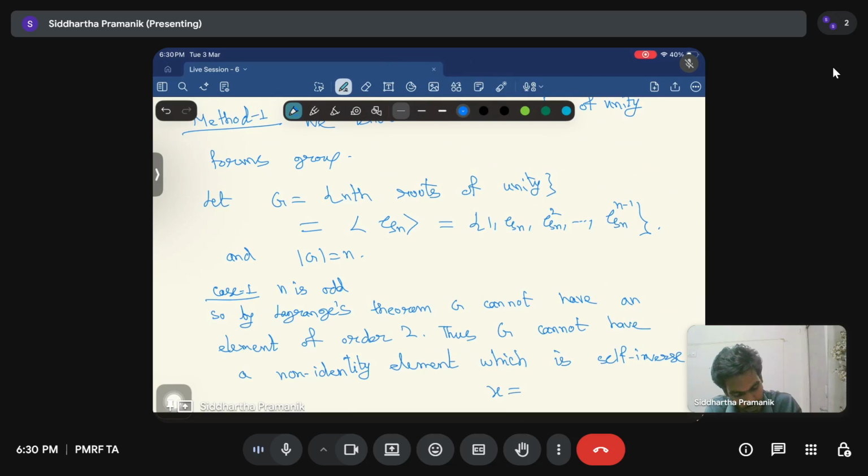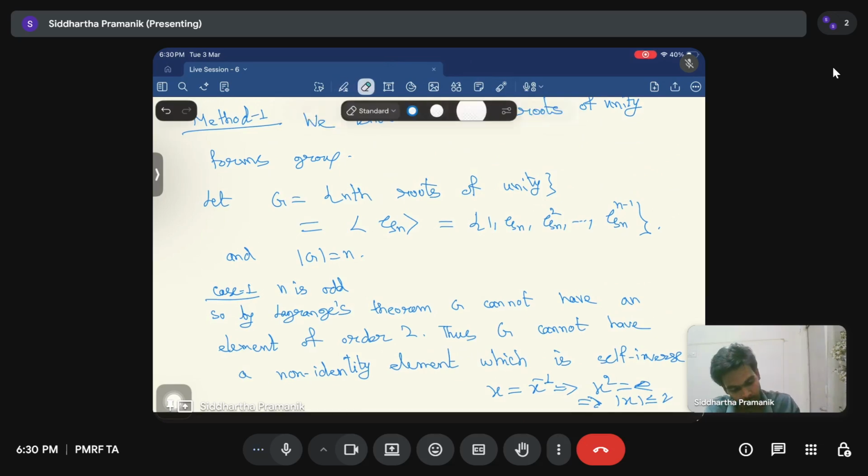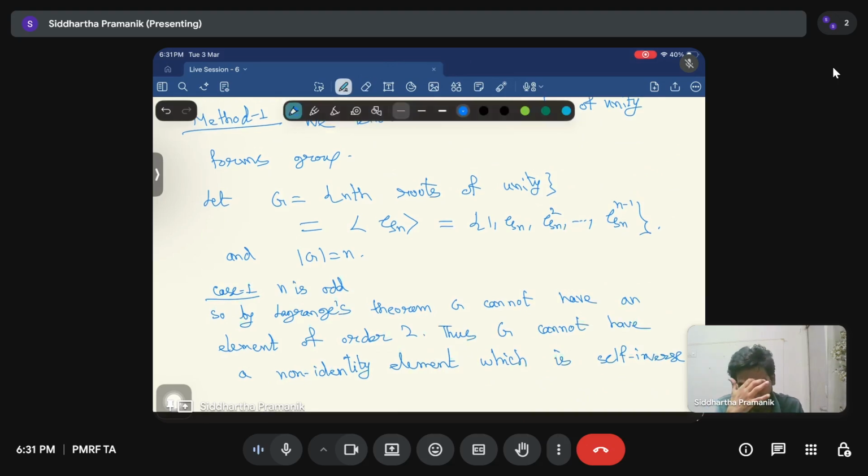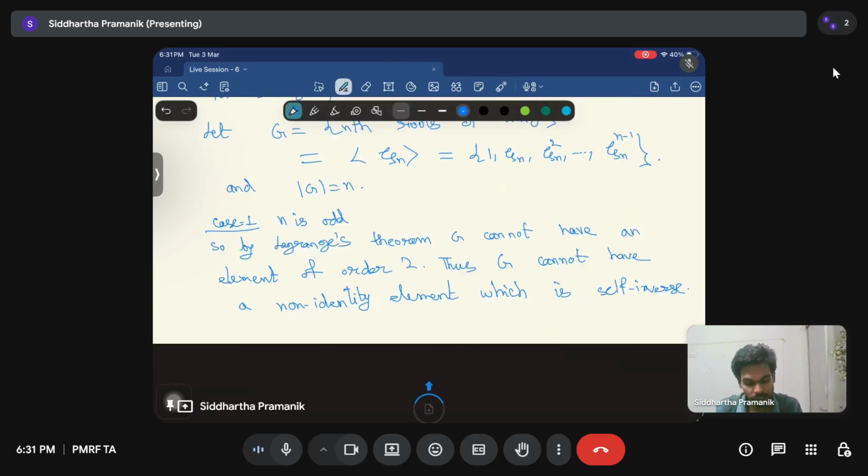Because if x equals x inverse, that implies x squared is the identity. So the order of x has to be at most 2. So the order of x is 1 or 2, but G has no element of order 2. That means only the identity element can be self-inverse. So it has no non-identity element which is self-inverse.